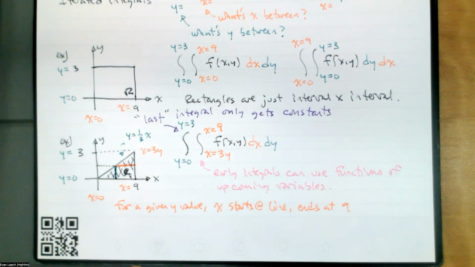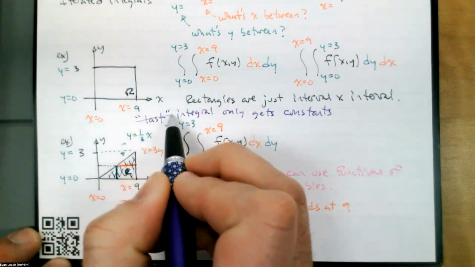Here is a dx dy double integral where we're describing this triangle. Okay? I'll try to trade this for outer.